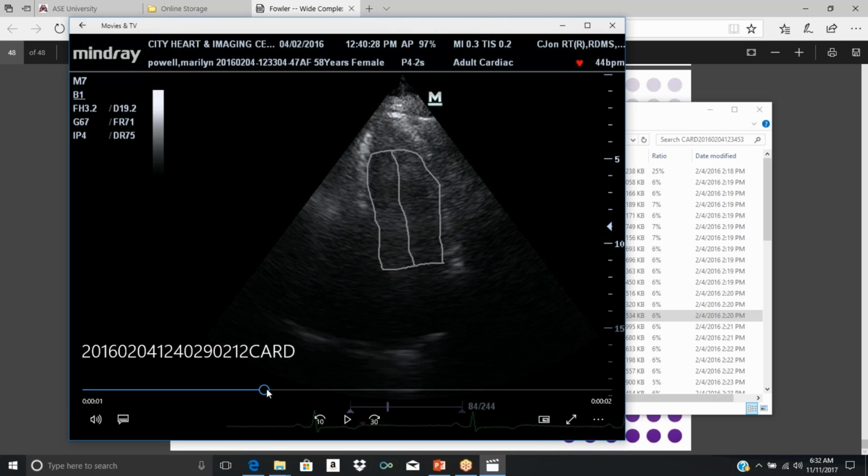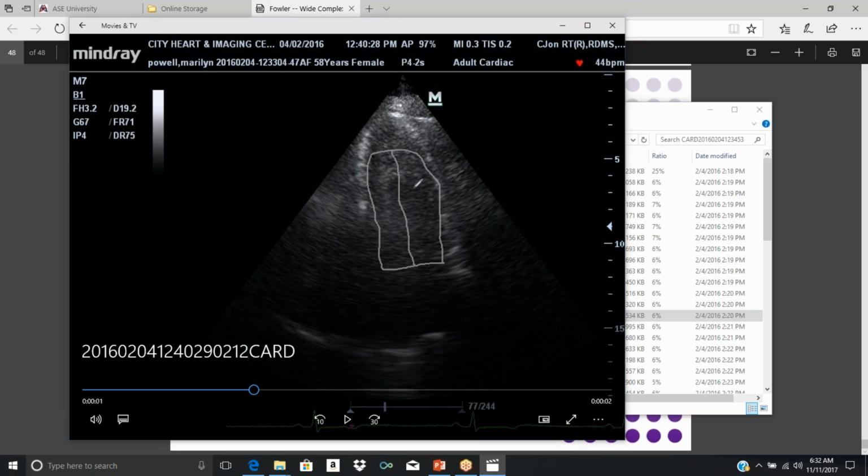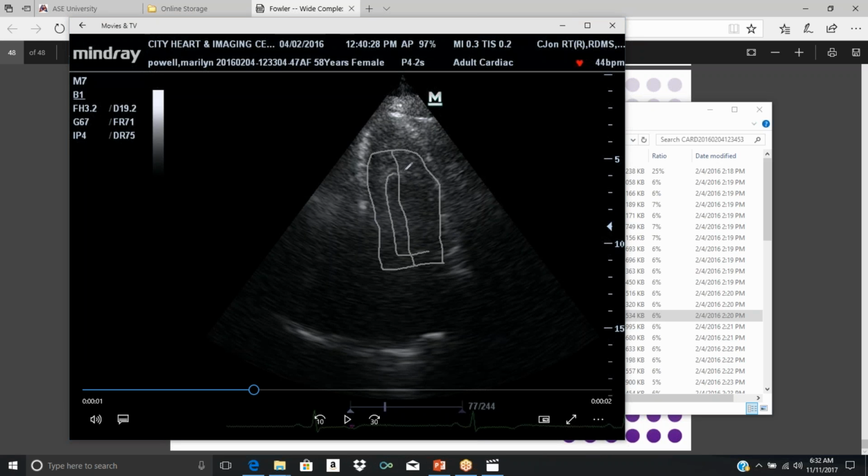And then in systole, which is at the peak of the T wave, you do the same thing. So you do planimetry of the endocardial border in systole, and the computer will give you the systolic volume.